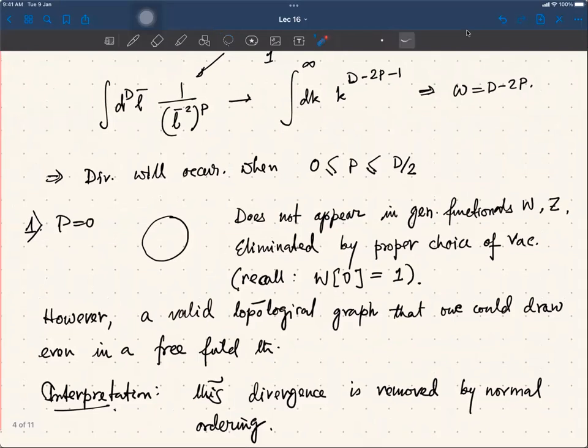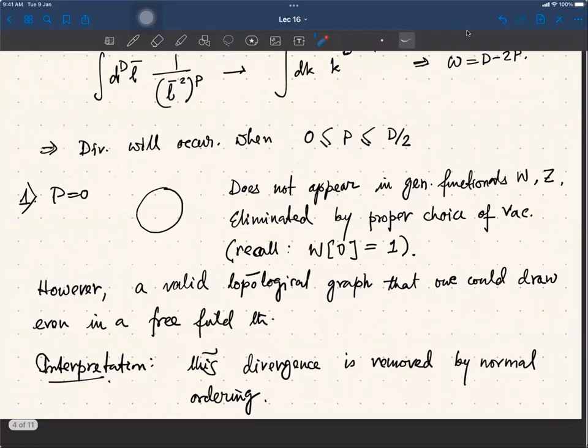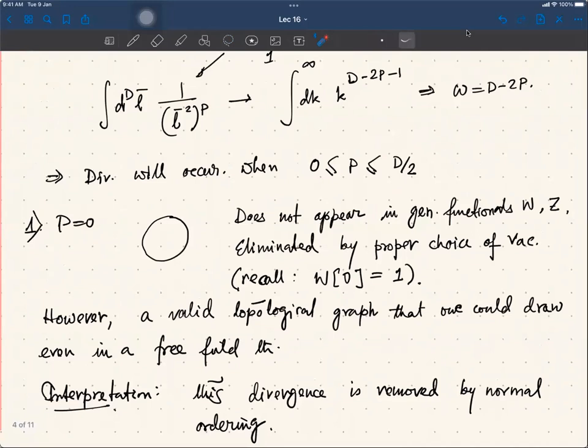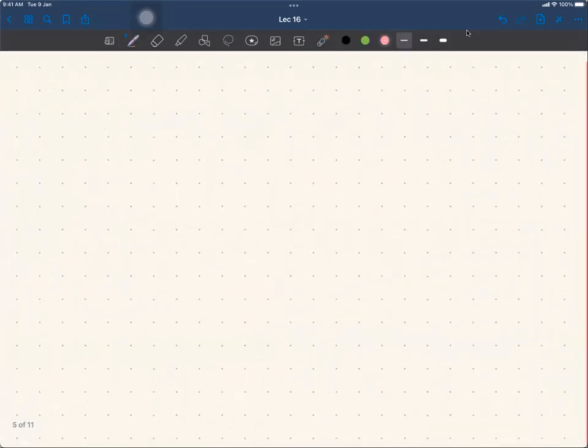So the other terminal value for d equals, for p equals d by 2, is that in that case you have logarithmically divergent diagrams.